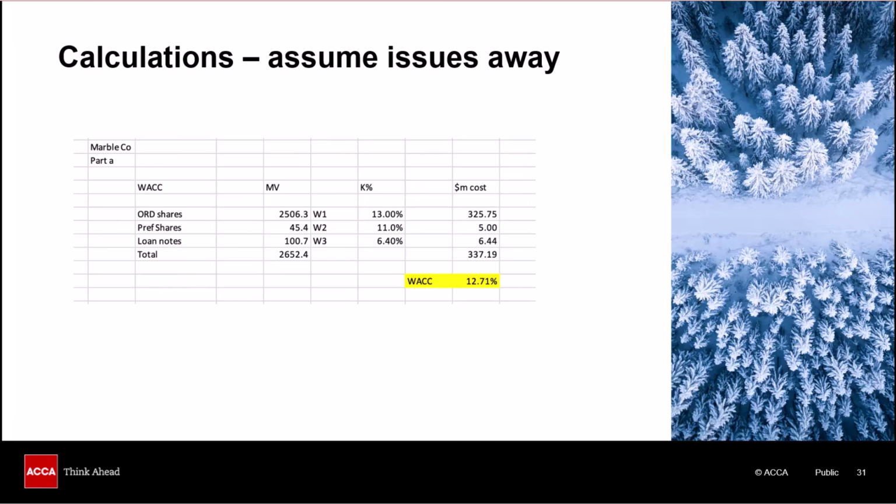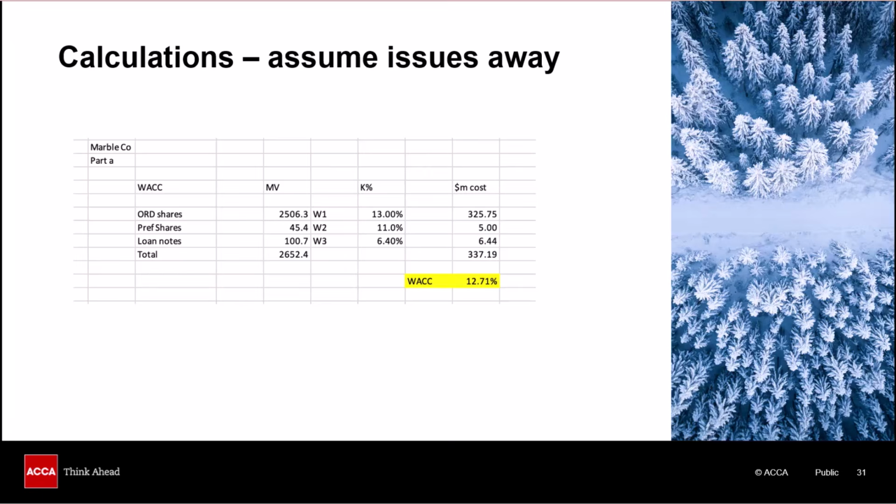Now let's suppose you've done the written sections and you've now come to the calculations. And in order to get through this effectively and efficiently to gain the most number of marks, sometimes you have to assume issues away. This is an example from the financial management syllabus, and it's a weighted average cost of capital calculation.